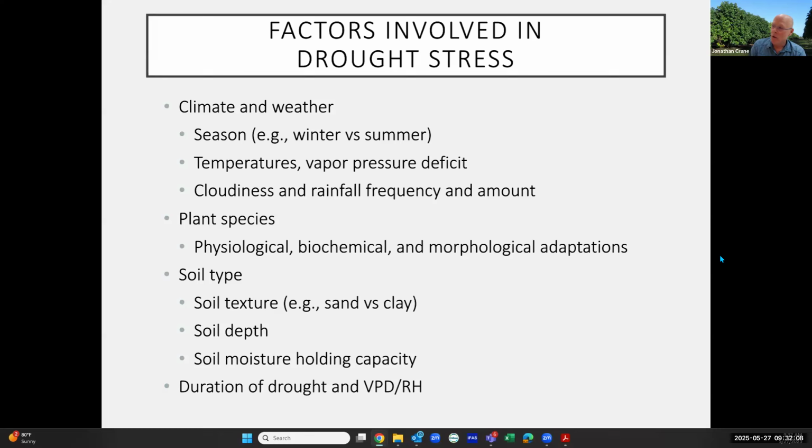If it has more soil depth that can hold soil moisture, it can access some of that lower depth water. And it also depends on the soil moisture holding capacity of the different soils. And sands generally have much less soil water holding capacity than, let's say, a sandy loam or a clay soil.